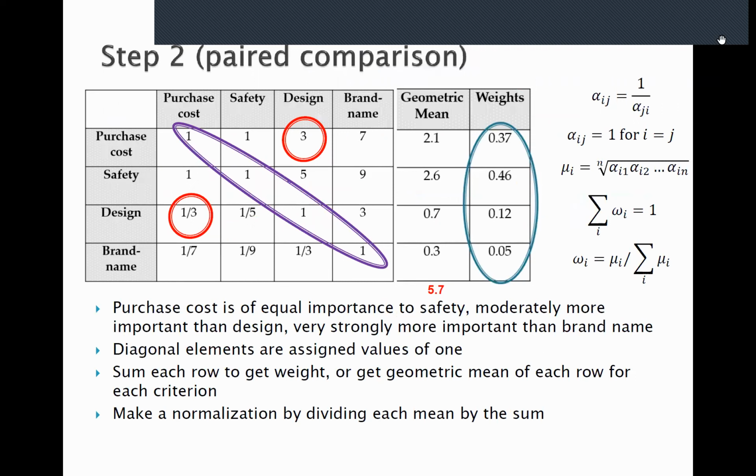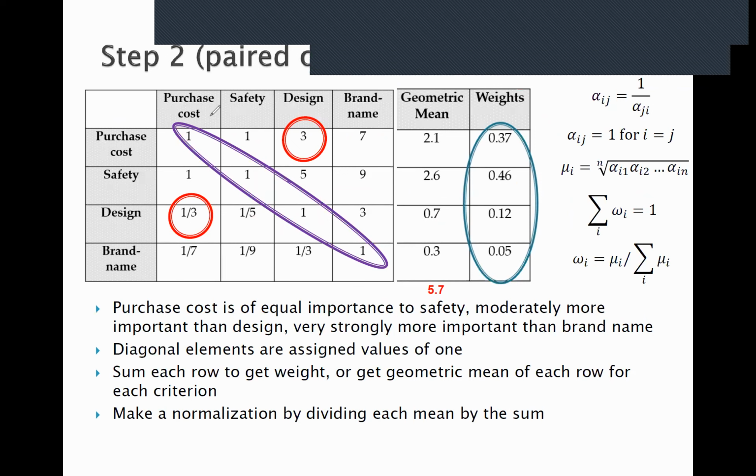Based on that, for the car purchasing problem, we can make such a table. Here we have the criteria, and here as well. So we pairwise compare purchase cost. There is going to be a diagonal here, which is unity, because safety is not more important than safety.